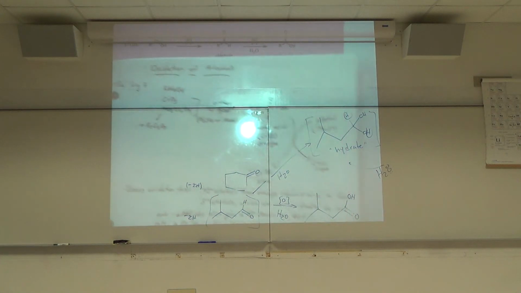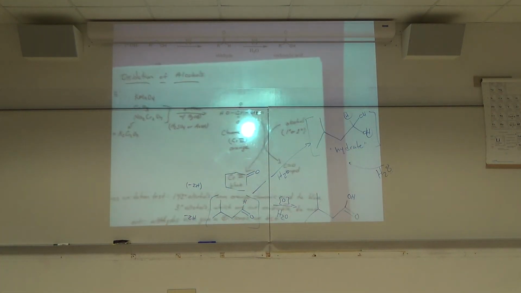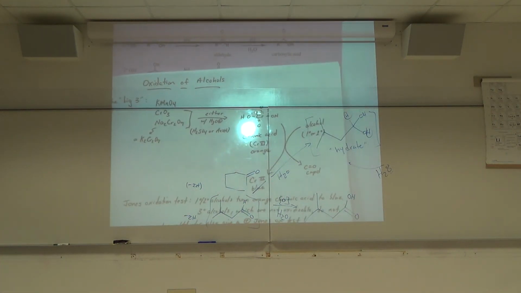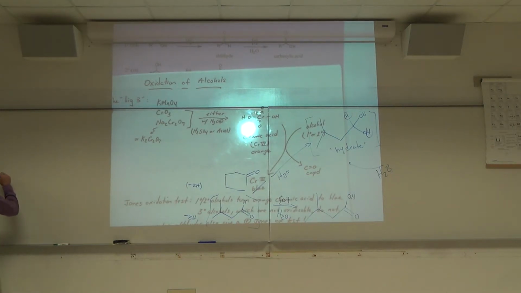By the way, I think it would be good to give you a little idea of the mechanism here. It'll be an abbreviated mechanism, just to give you an idea so it's not so much magic. Let's take a primary alcohol. This reacts with the metal, okay? I'm not showing the metal form.